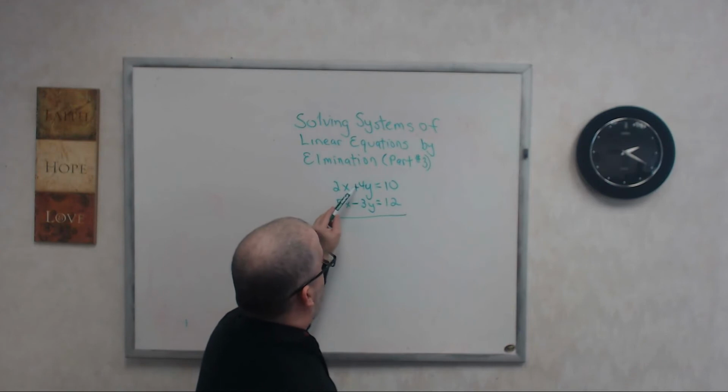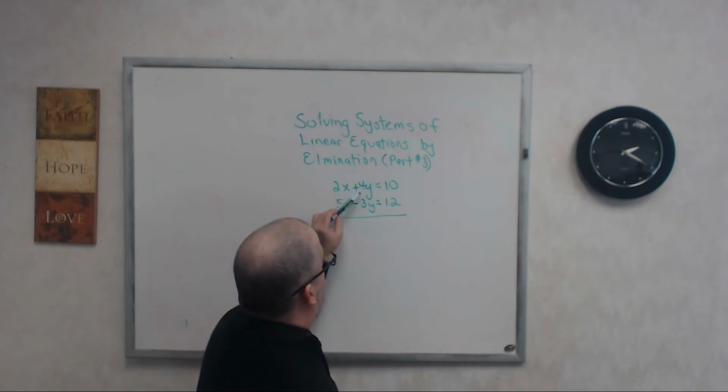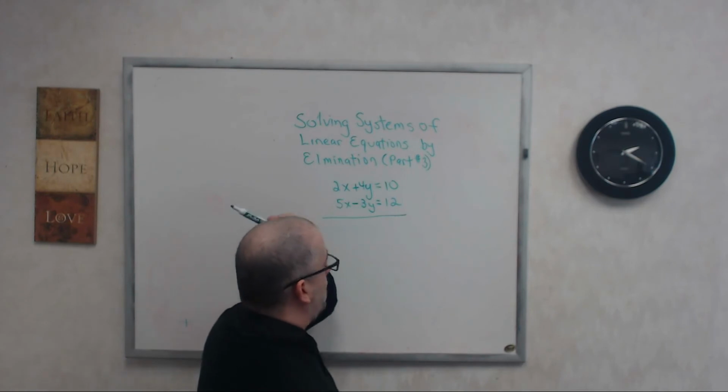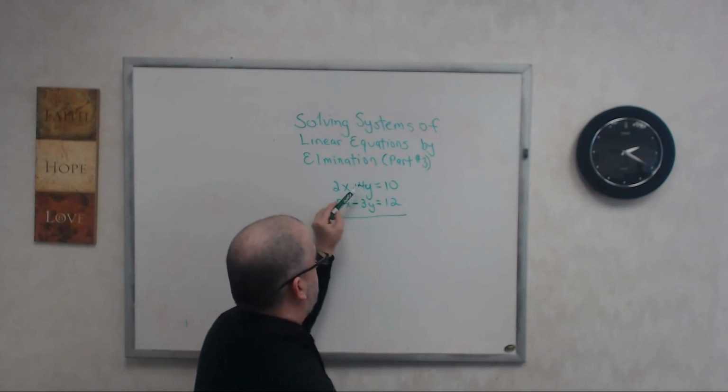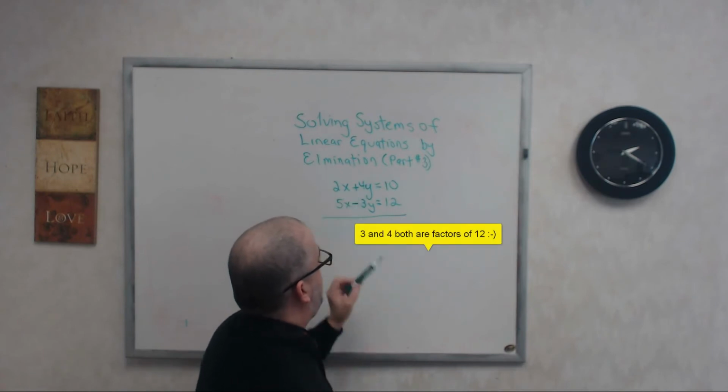But if you look at the y variable, you already have a plus and a minus. Now you'd have to find a least common multiple between the two. If you did 3, it'd be 3, 6, 9, and 12. 4 goes into both 12 and 3.